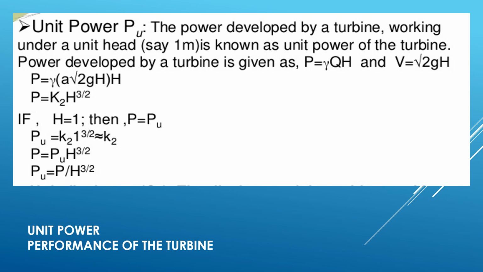So if H is equal to 1 then P becomes Pu. So Pu equal to K2 into 1 to the power 3 by 2, that becomes K2. So P equals Pu into H to the power 3 by 2, resulting in the expression of Pu, that is unit power, as P upon H to the power 3 by 2. So this is how the unit power is derived, which is the performance of the turbine in terms of the power.